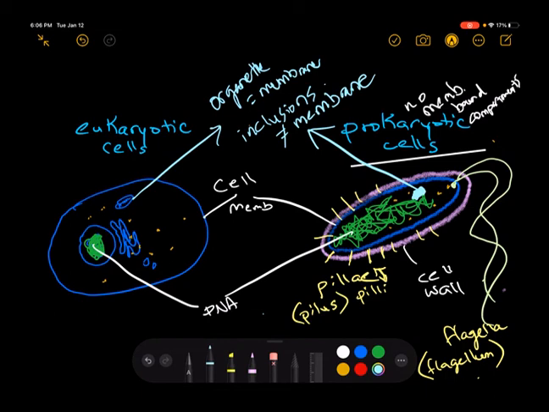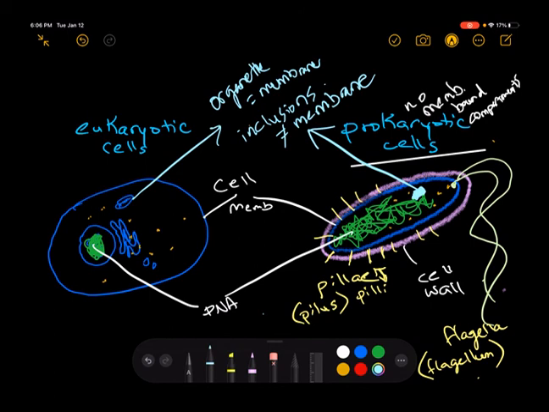So again, inclusions are characteristic only of bacteria, which do not have organelles. Eukaryotic cells have organelles, but they don't have inclusions. Those are the major differences between eukaryotic cells and prokaryotic cells.